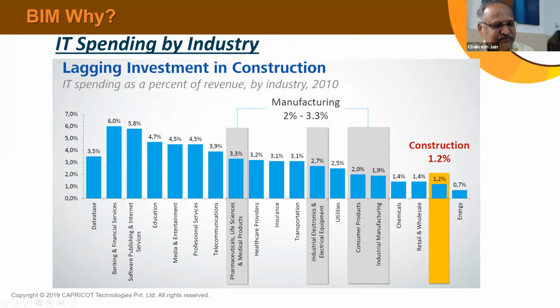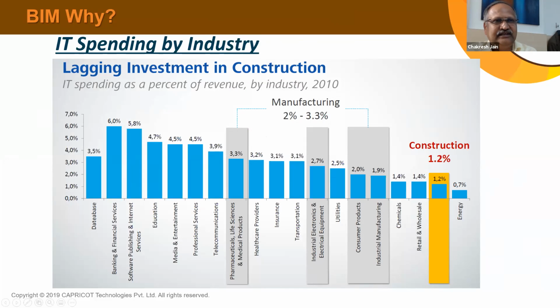And from an information technology perspective, we see a very low adoption of information technology tools, methods and processes in the construction industry. One of the things the manufacturing industry did was standardize processes, and that's how they were able to improve their production efficiency, which has not happened in the construction industry. We are today still one of the lowest spenders.